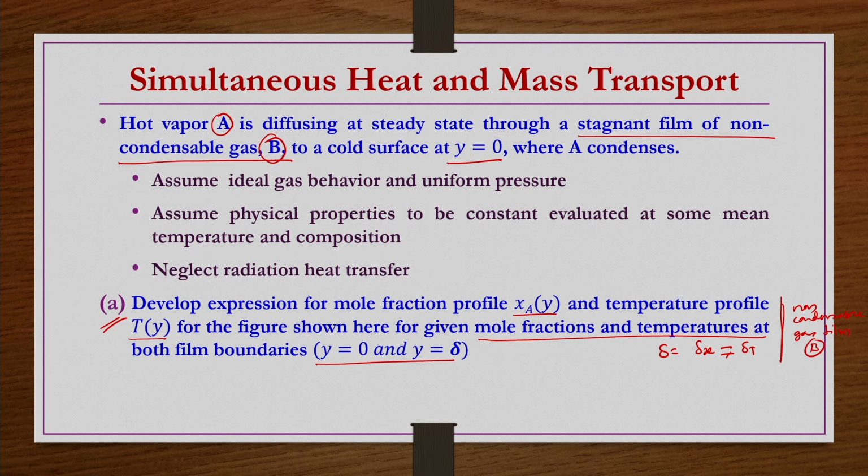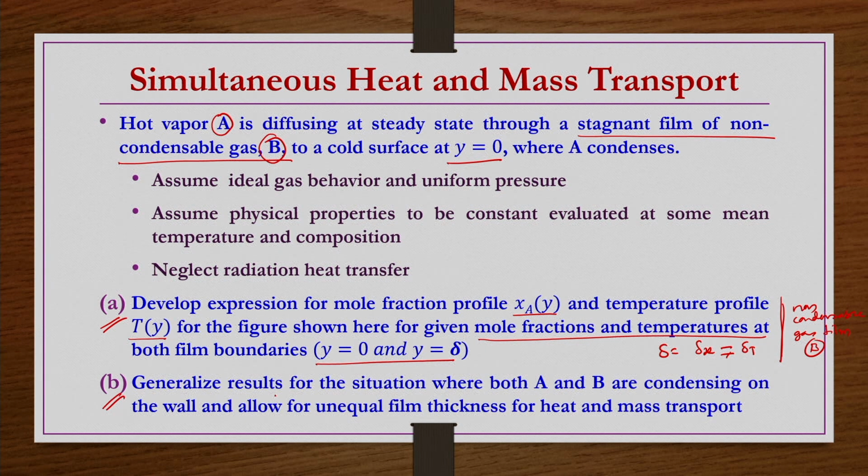The second problem, we are generalizing the results for the situation where both A and B are condensing. Now, not only A, B is also condensing on the cold surface, right. So, we cannot say that B is non-condensable and its flux is 0, because it is also condensing onto the cold surface.